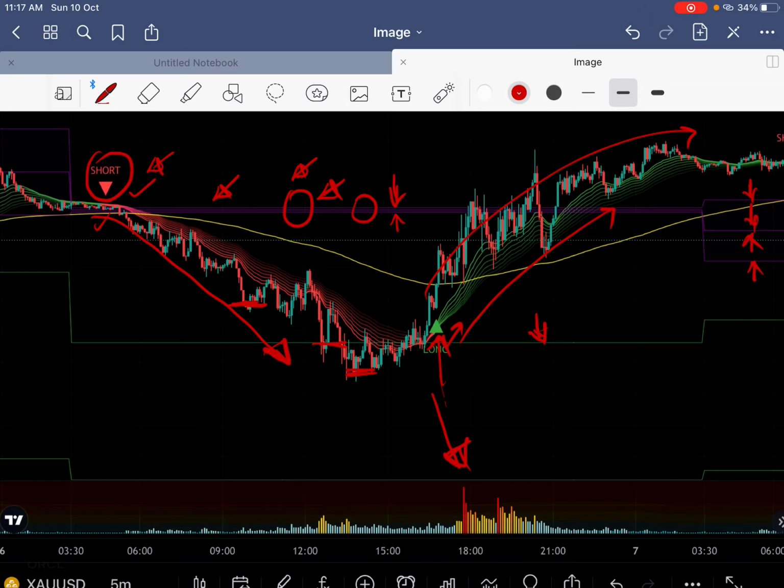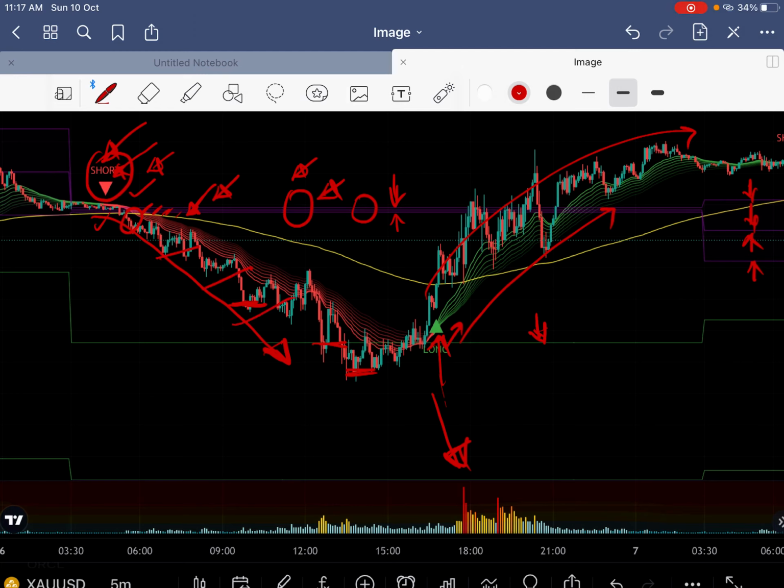Another thing to keep in mind for a short entry is that you have to make sure you take the short entry after the longer period crossover. As you can see, the signal is generated from here, but you have to wait until this yellow 200 moving average line crosses over. Then you can take entry from here and exit anywhere from here.